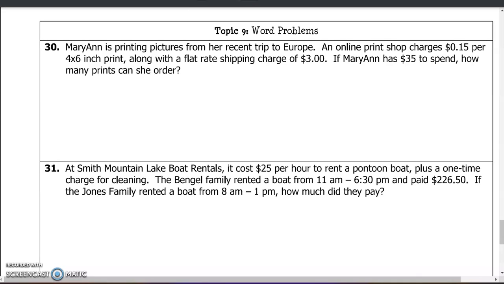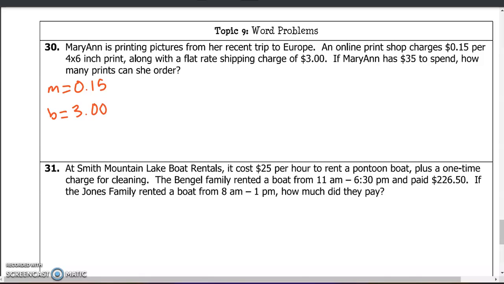Sorry, I gotta put my pen on here. So my slope is going to be the 15 cents, right? 0.15. And then my starting point, b, is going to be the $3 that you pay for shipping, because it's flat rate.